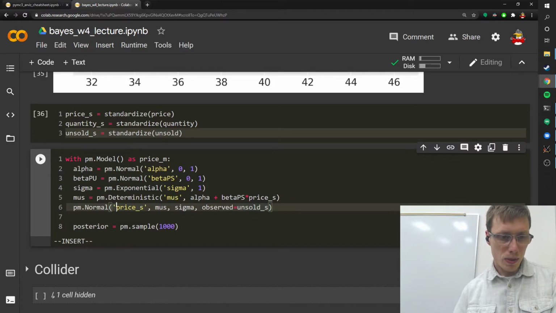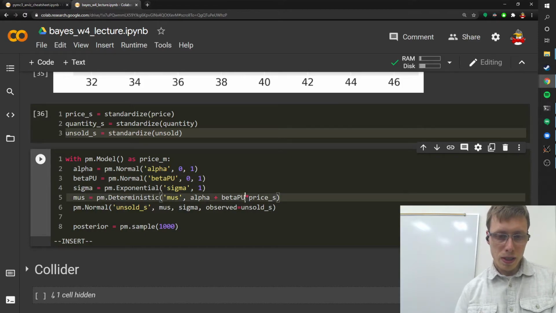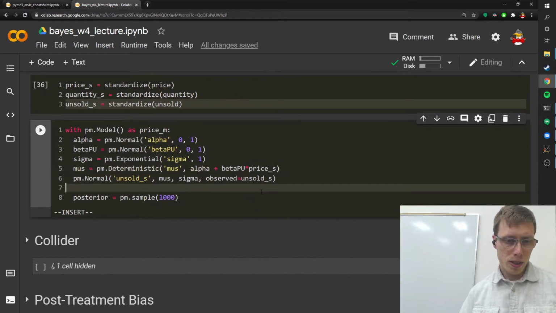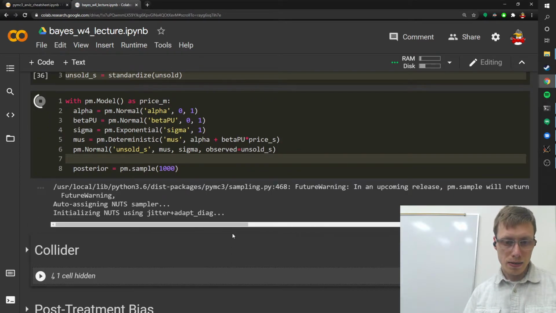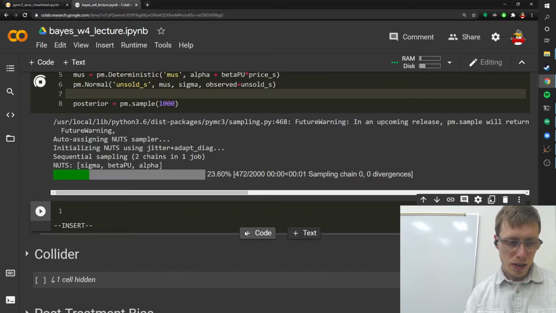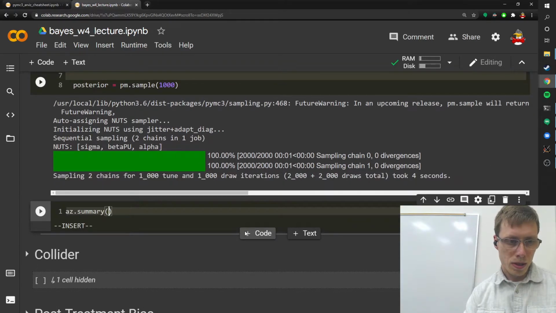The guy also had some typos in there. Doesn't really matter. And there we go. Beta, so price on unsold. I think I got it all. Let's run this and take a look at it, and we'll say az.summary posterior.